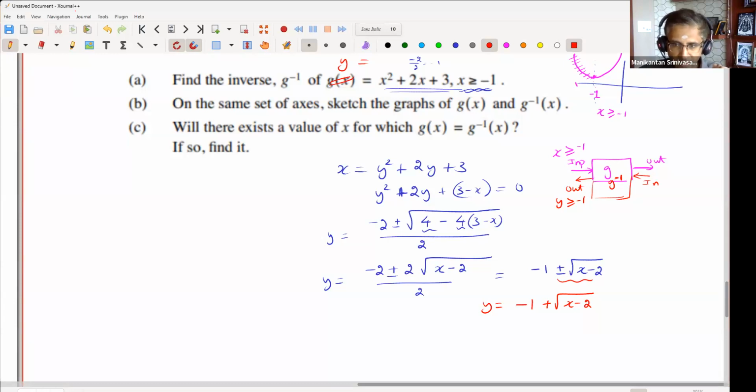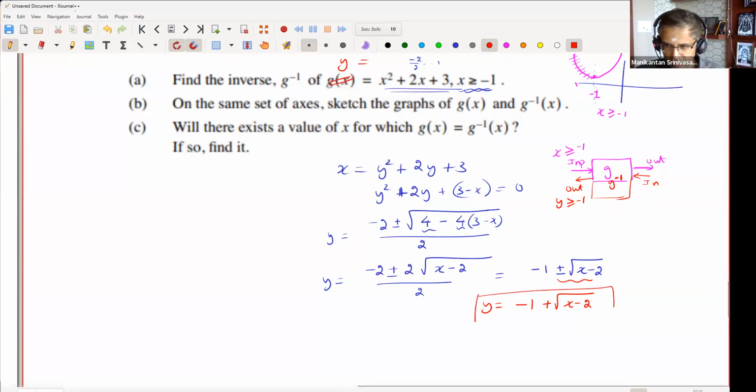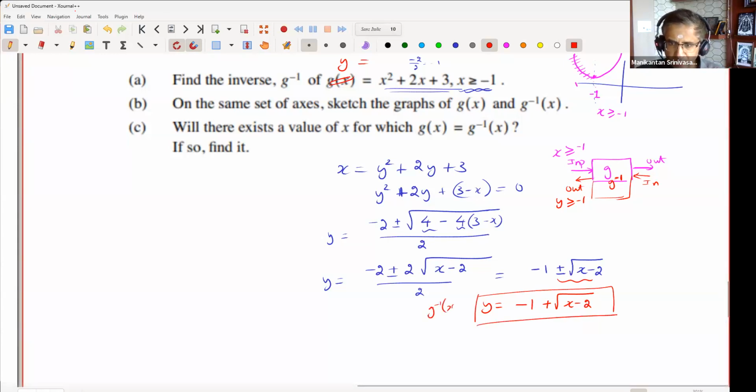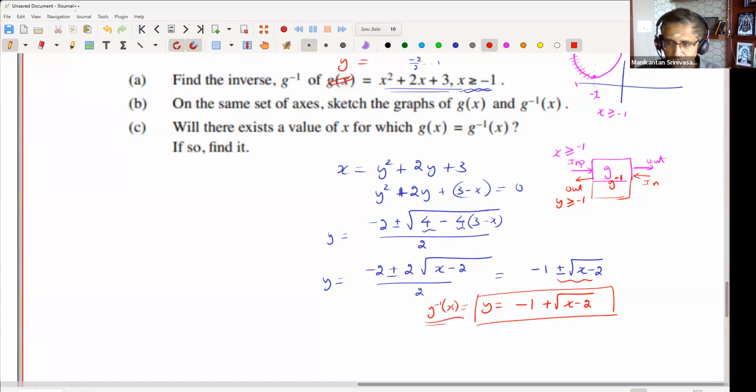We want only greater than or equal to minus 1 because that's the domain of g, and therefore that's the range for g inverse. So my final g inverse would be this. So this is my g inverse of x. This is a very important point, guys. So you should eliminate one of the quadratic answers. It's only one of them, minus 1 plus root of x minus 2. Right? And what does this tell you about the domain for this?